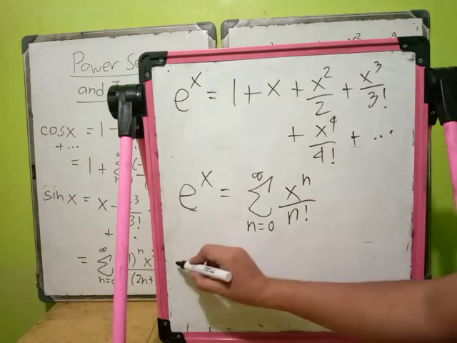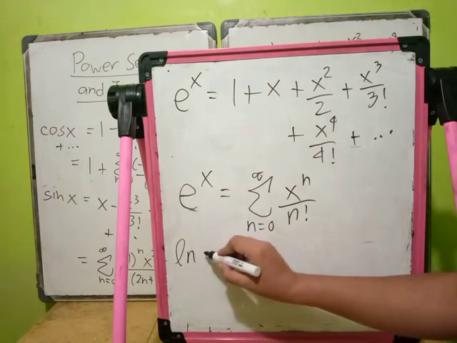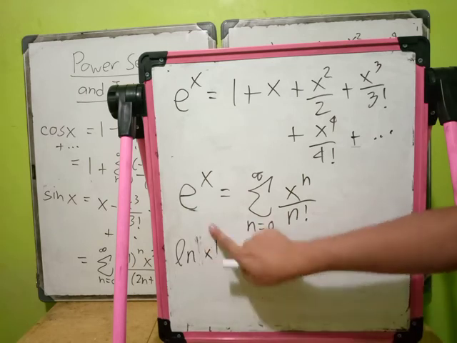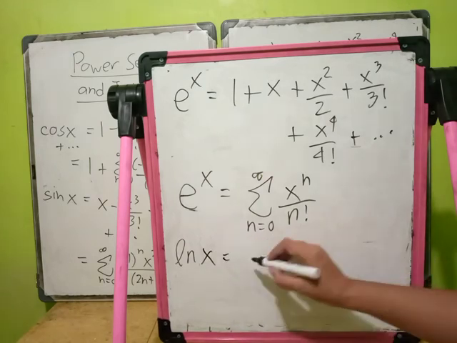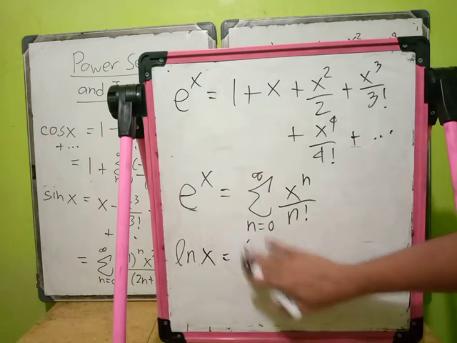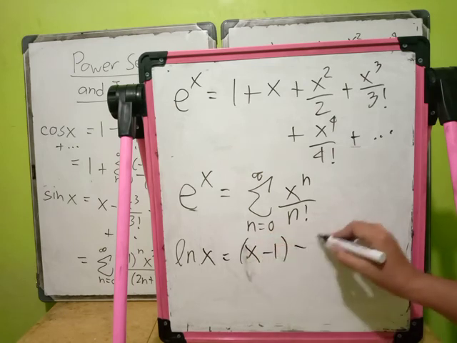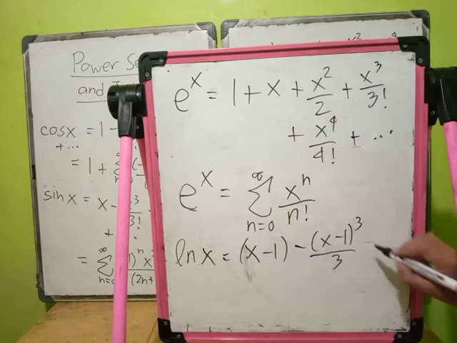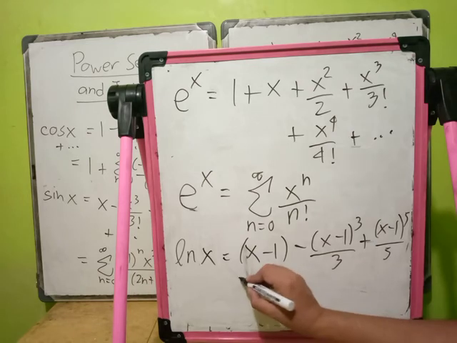Okay, so another one is ln of x. So ln of x is equivalent to (x minus 1) minus (x minus 1) to the power of 3 over 3 plus (x minus 1) to the power of 5 over 5, and so on.